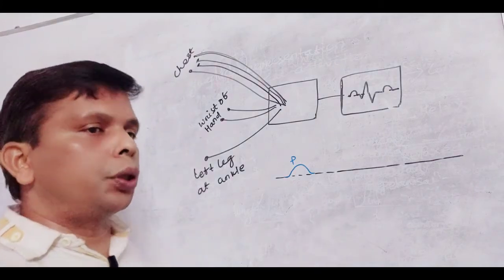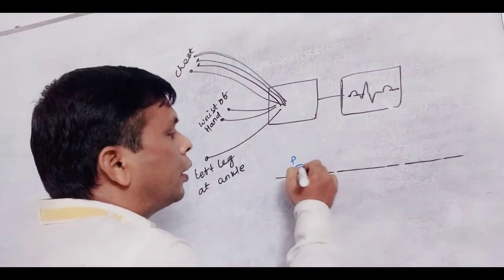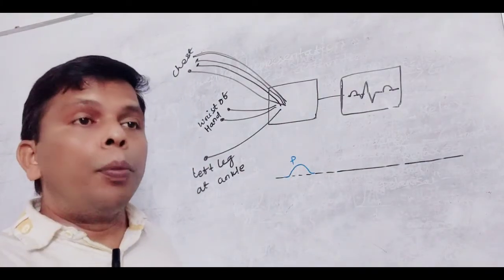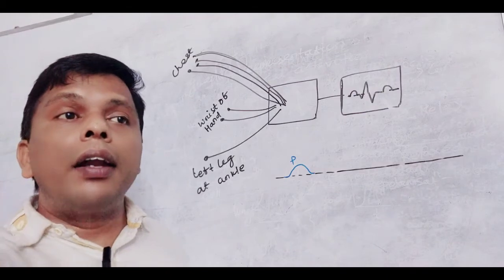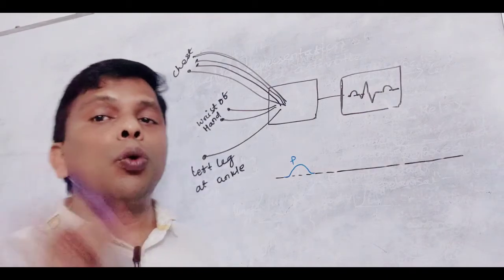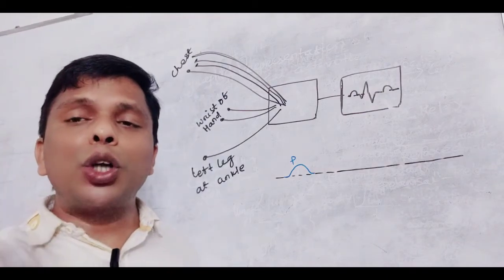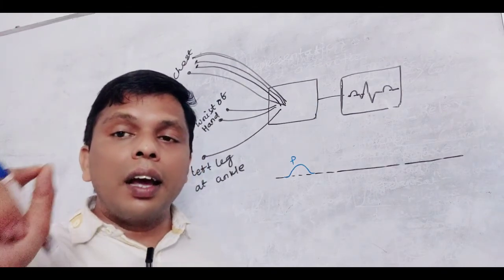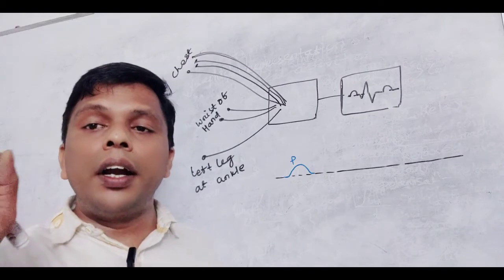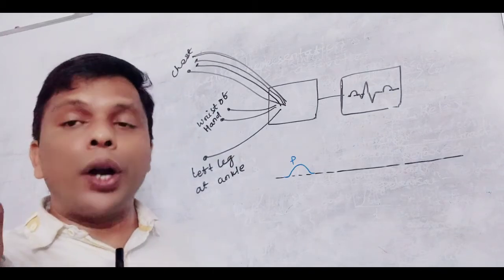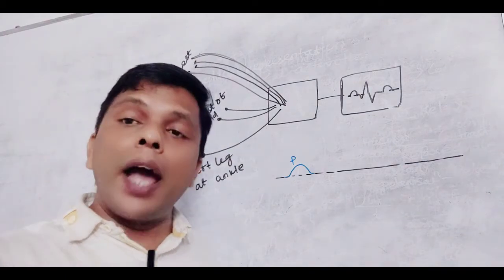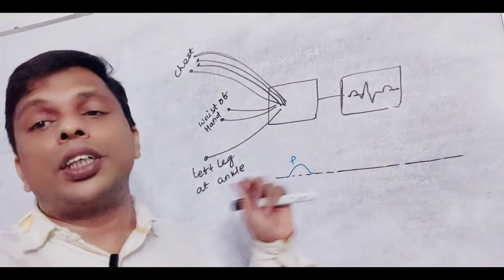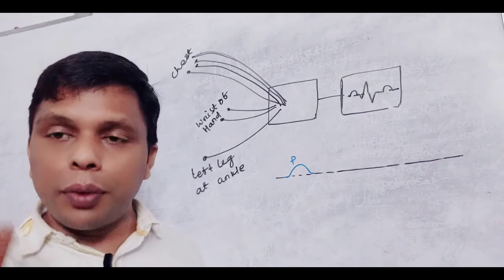After that the atrium relaxes, but atrial relaxation and ventricular contraction take place almost at the same time. The electrical signal generated during ventricular contraction is much higher, so there is no wave for atrial relaxation here. Remember it.